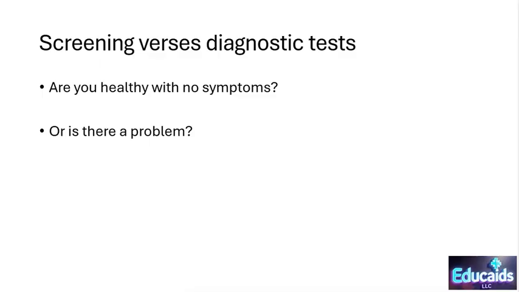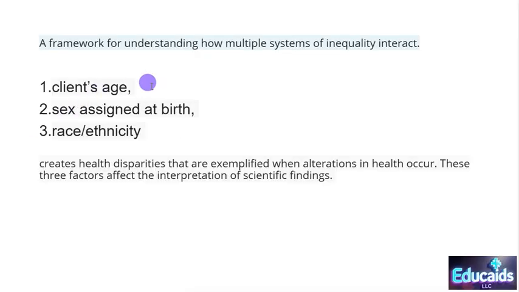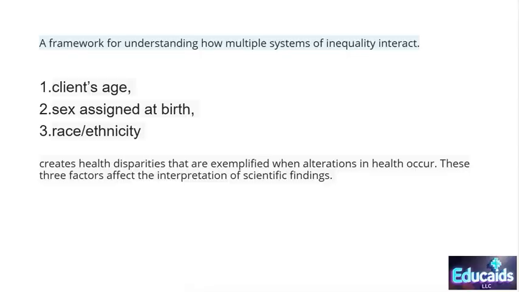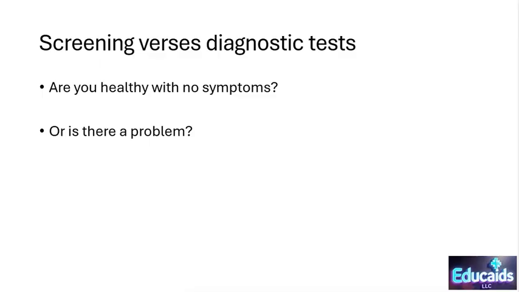So altogether, if you think of somebody's age, if they're older, they're more at risk for certain diseases. With sex, they are more at risk for certain diseases. So women are more at risk for breast cancer. Men can get prostate cancer. It just kind of depends. Those are all effects.